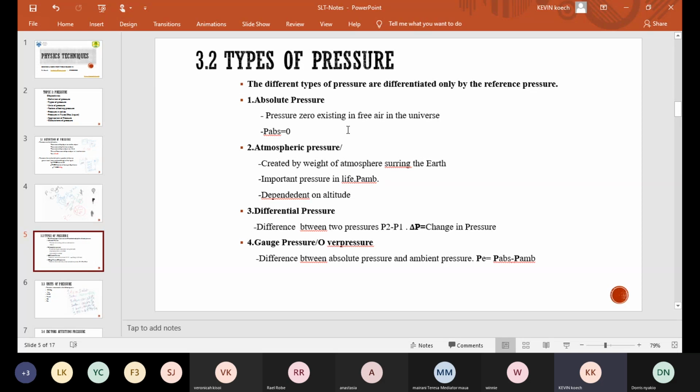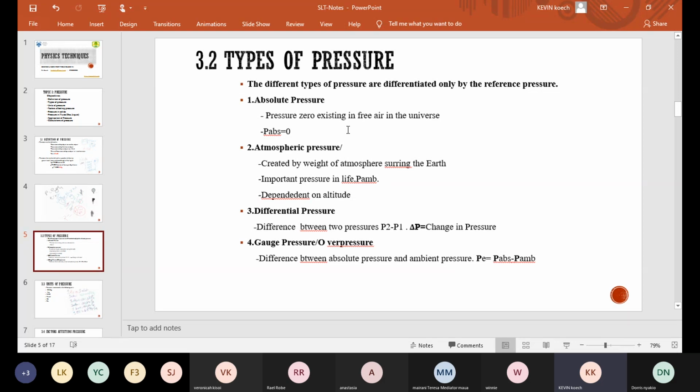So this is the pressure existing in free air in the universe. It's the same force over area, the same rho GH formula we are using, but the reference pressure is absolute pressure, which is 0, existing in free air.